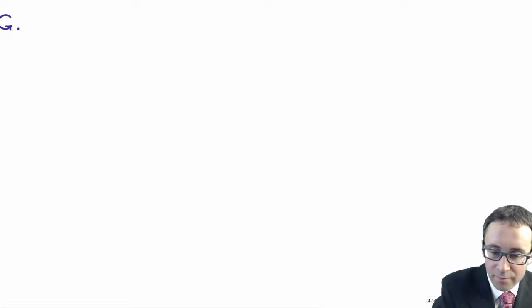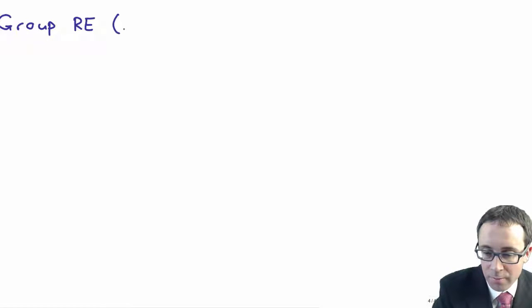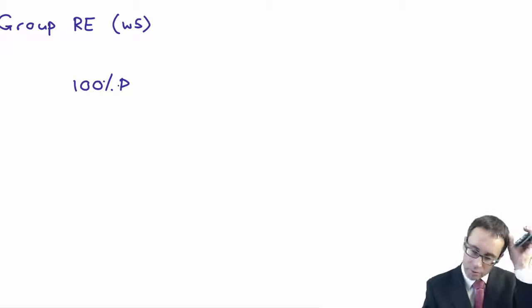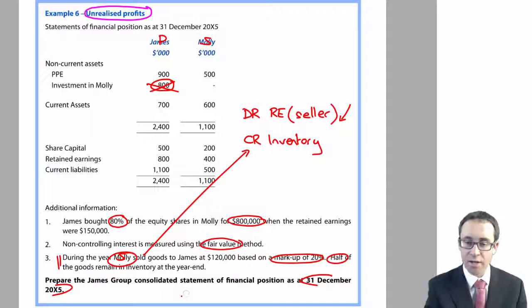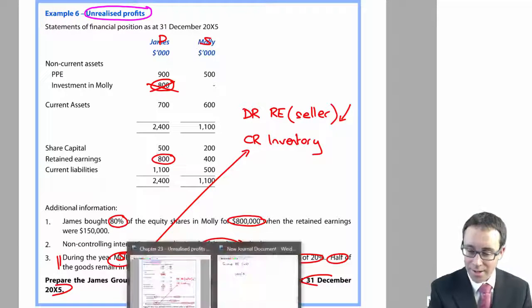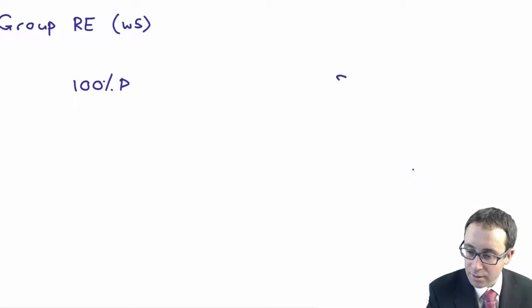Working number 5, remember, is my group retained earnings. So we can put that as working number 5. So what you've got there, remember, that is 100% of the parent. Oh, it's a while since we looked at the financial statements. 100% of the parent's retained earnings is there as 800, isn't it?